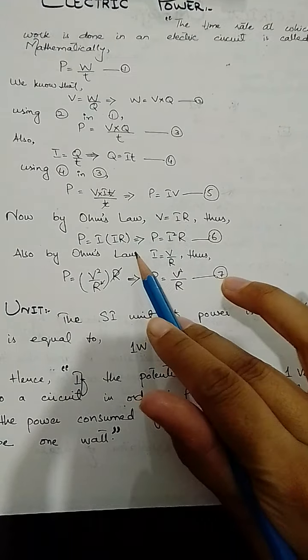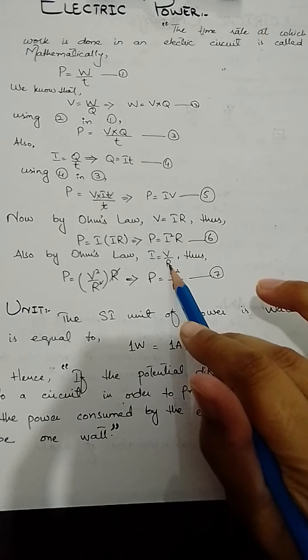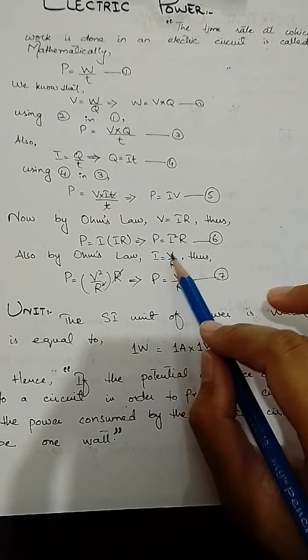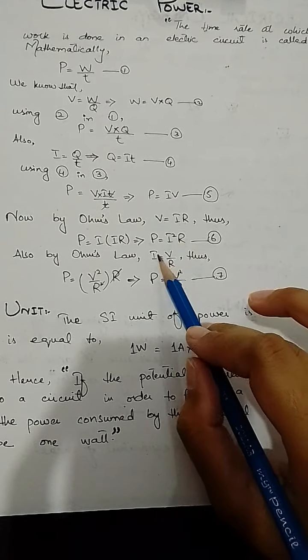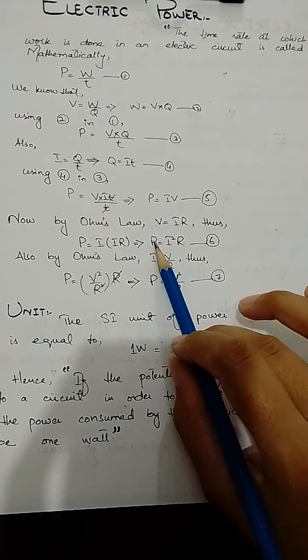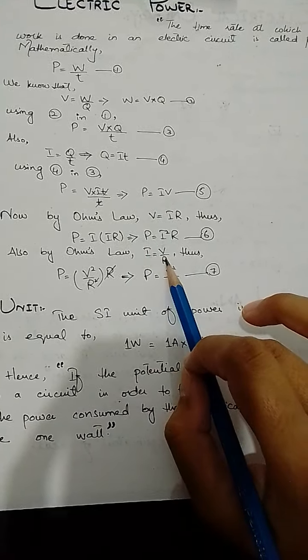Similarly, using again Ohm's law, which gives us I equals V by R. Remember, हमने just यहाँ पर V equals IR को rearrange करके I equals V by R लिखा है. Now we have to use this value of I in our equation number 6 over here. Okay, P equals I square R में I square की जगह V square by R square कर देंगे.